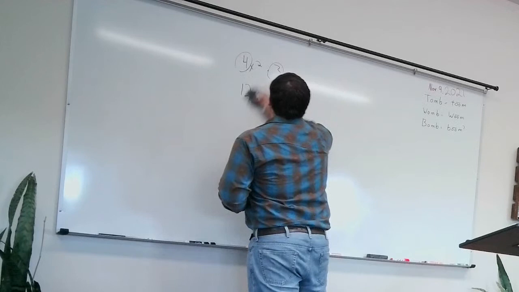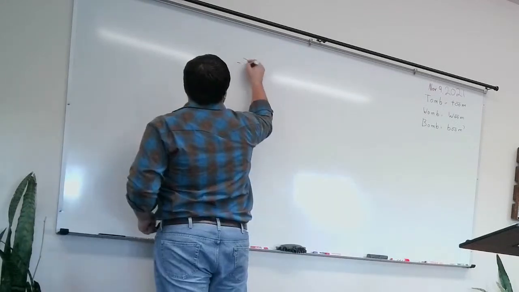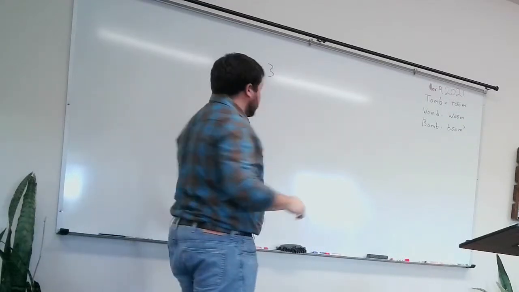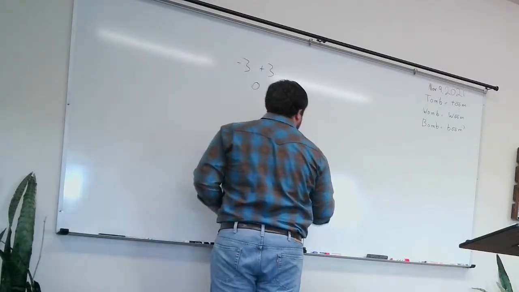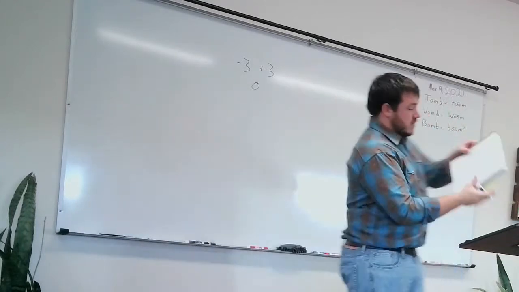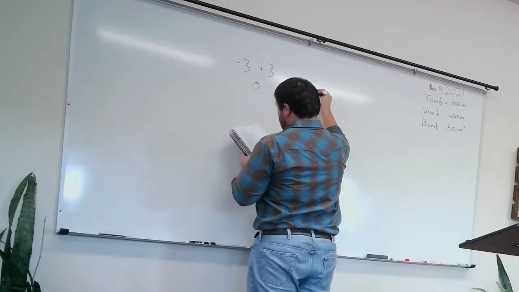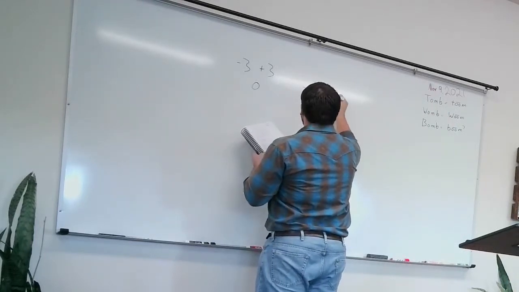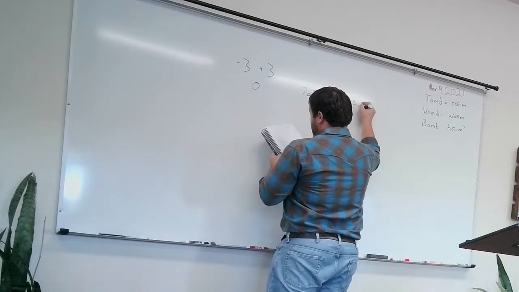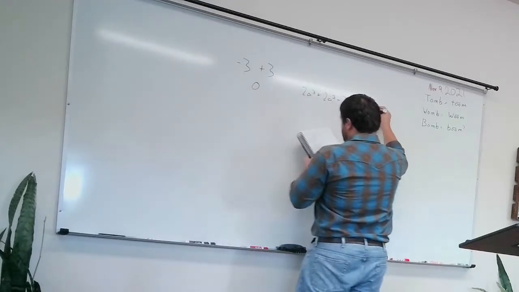So let's look at it this way. If you have negative 3 plus 3, what's the result? 0. Perfect. All right, so that's established. So now we have 2a cubed plus 2a cubed minus 2a squared plus 2a squared minus 2a plus a.